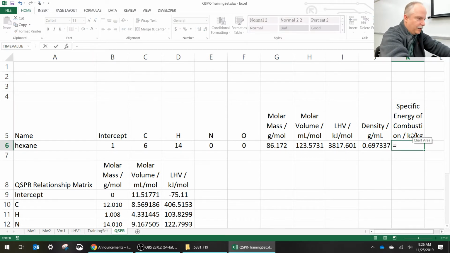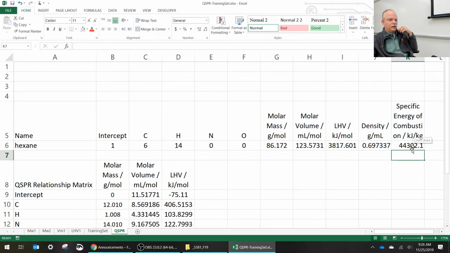So this is going to be equal to the kilojoules per mole divided by the grams per mole. And what do I need to do? Divide by 1,000? No, I need to multiply by 1,000. Grams is in the denominator, and so I need 1,000 grams per kilogram. So times 1,000. So that's how many kilojoules per kilogram.